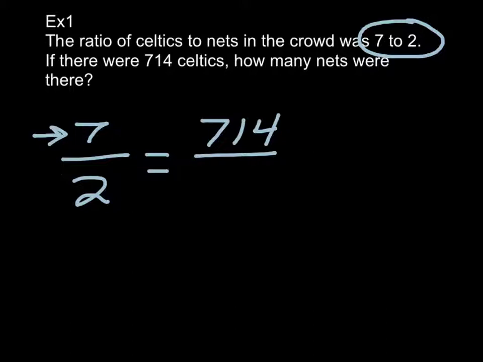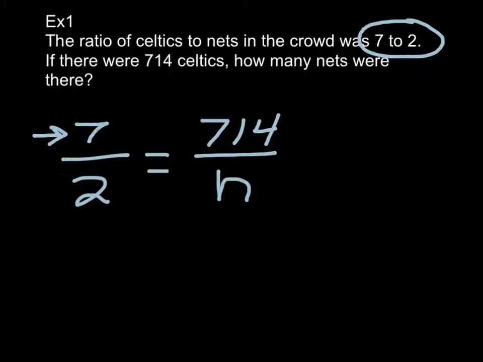The 2 sides of my equal sign have to be balanced. So on the left side it's Celtics to Nets. On the right side it's got to be Celtics to n Nets, because the problem is asking how many Nets were there.